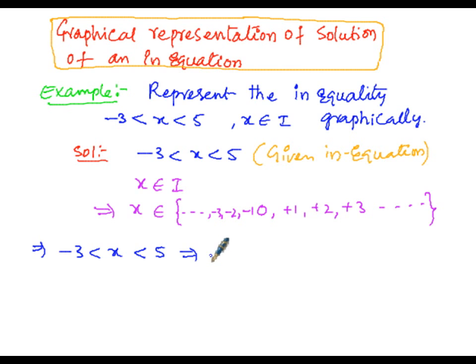We have to choose the values of x which are between minus 3 and 5. So, between minus 3 and 5, the values are minus 2, minus 1, 0, 1, 2, 3 and 4.